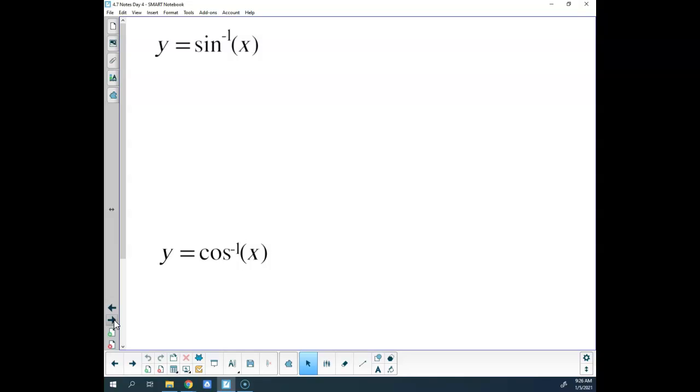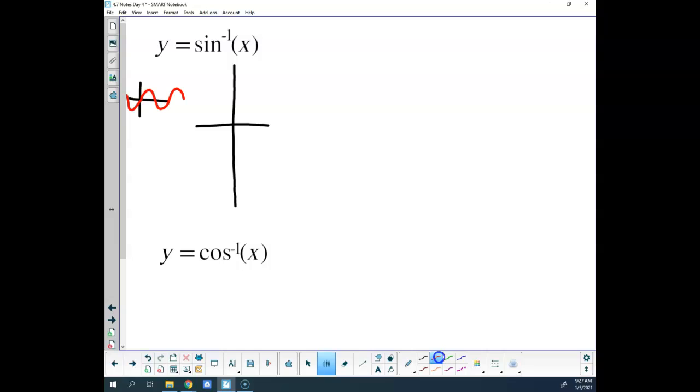Back before break, we talked about inverse trig functions. Okay. And so we had an inverse sine function. Now remember, sine, we'll put this one over here. So the sine function started in the middle and went up and down, and it kept going in both directions.